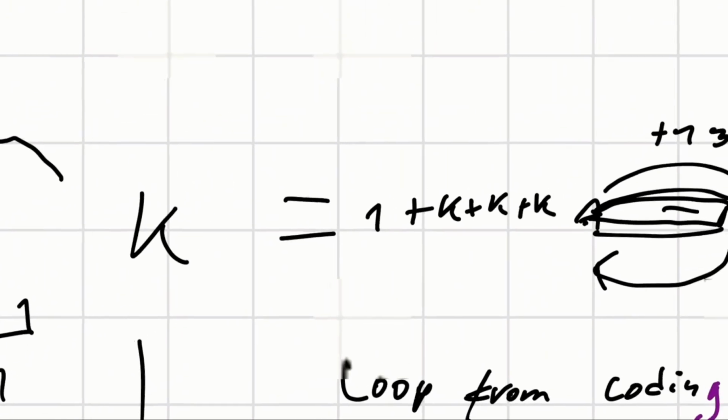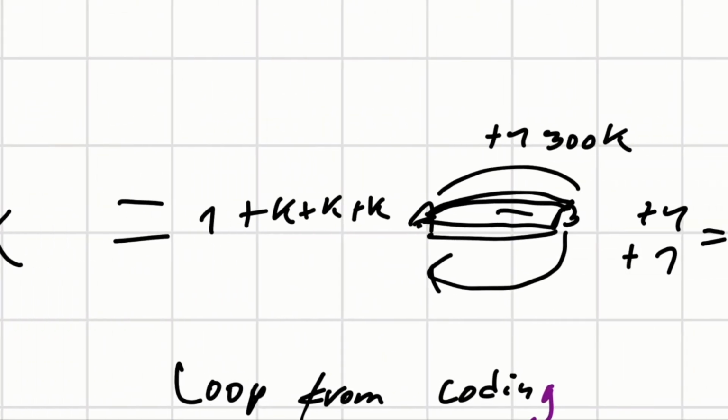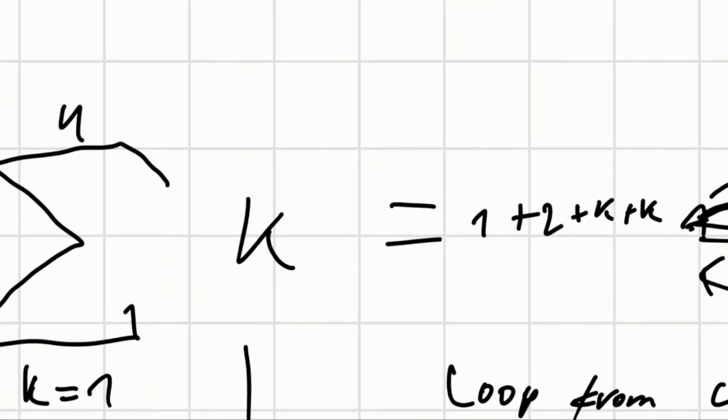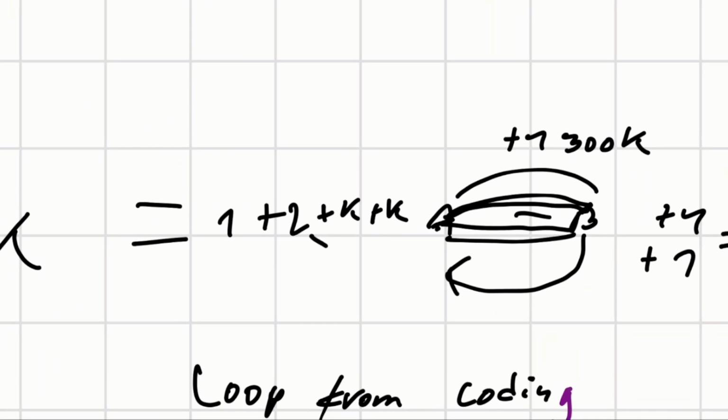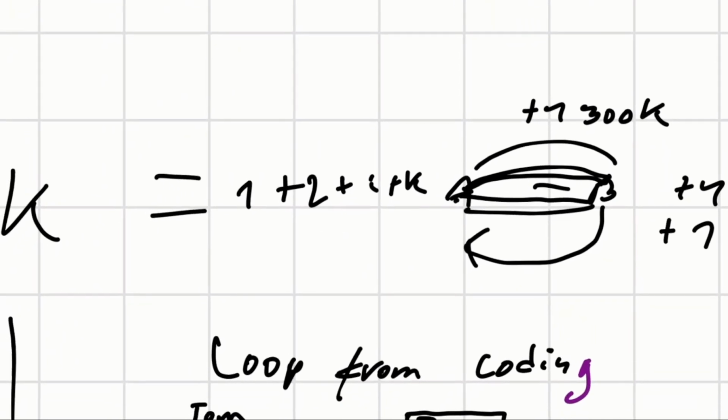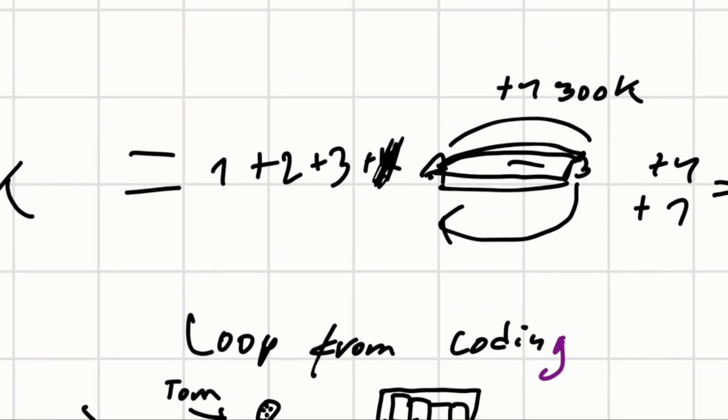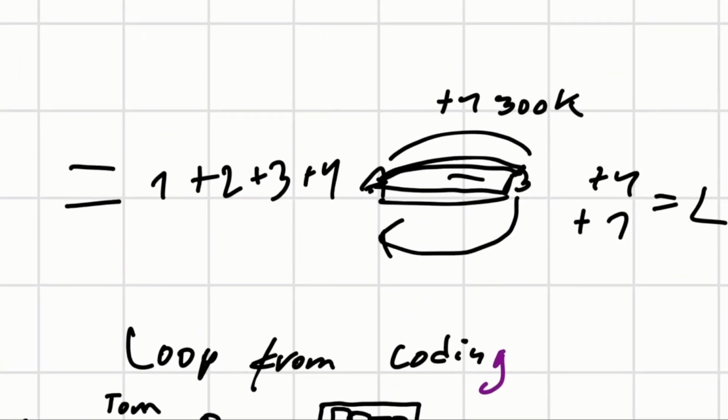This is just k. But now he's going to take another book. So to the 1, we add 1, so this is going to be 2. For the next one, we add another book, and then we get 3. And then we add another book, and this is 4. So in the end, this is nothing else than 10.